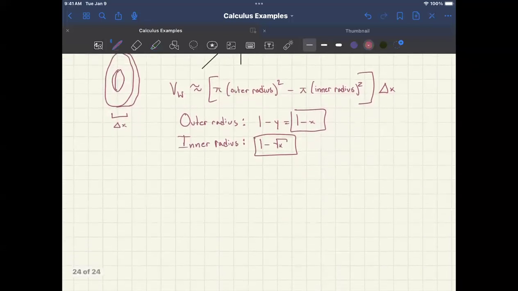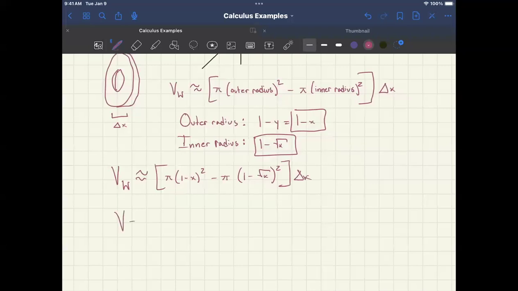Let's rewrite our volume washer. I put the little w on there to remind ourselves we're looking at a washer: pi times (1 minus x) squared, minus pi times (1 minus square root of x) quantity squared, change of x. Next step is to turn this into an actual volume. Because we've got a pi in both of these slots, I'm going to pull that out of our function.